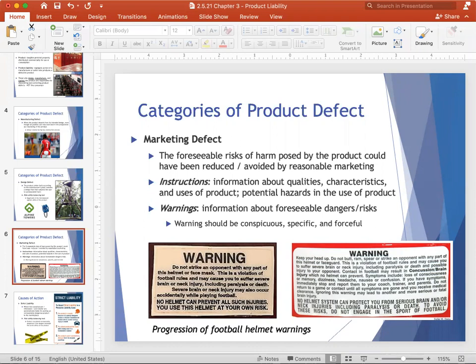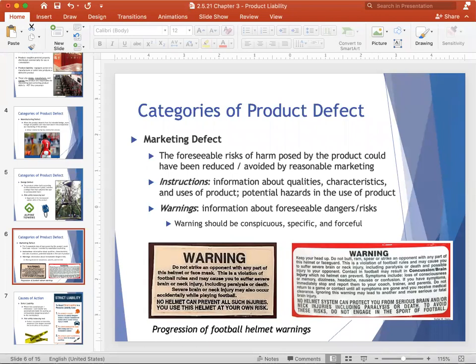Now, the case that you'll see on this particular screen is in regards to football helmets, which I just find so fascinating, the cases regarding product liability and football helmets. Now, in the 1970s, there's a group known as the National Operating Committee on Standards for Athletic Equipment.